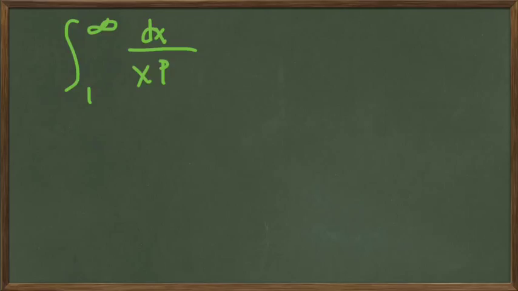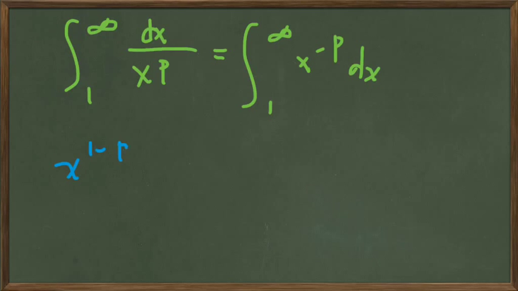Let's integrate it in general, so it's the integral from 1 to infinity of x to the minus p dx, which integrates to x to the 1 minus p over 1 minus p, because we add 1 to the power and then divide by that power, between 1 and infinity.